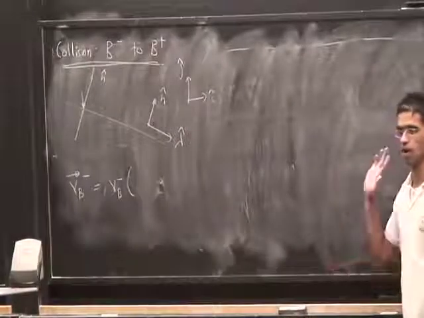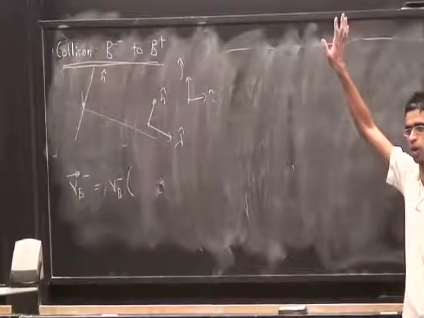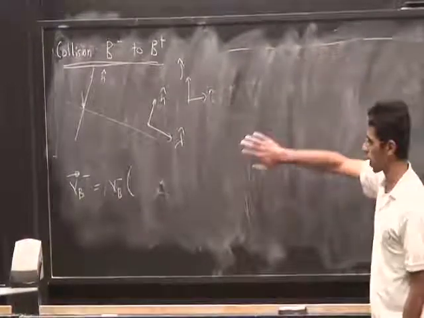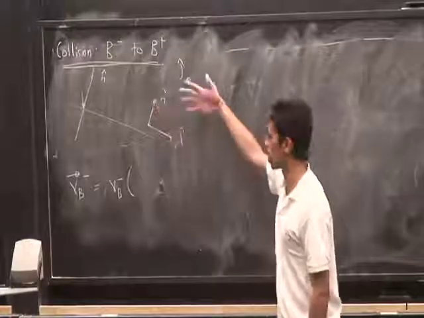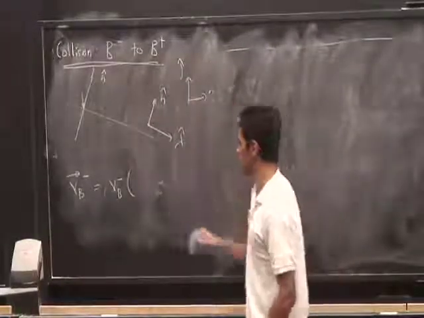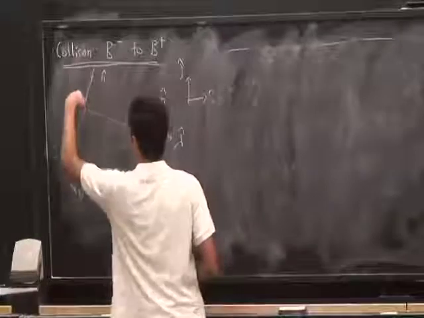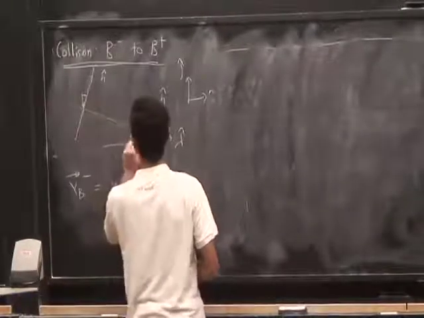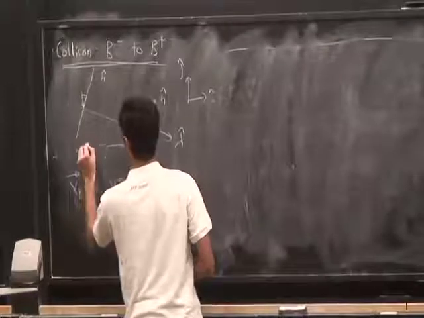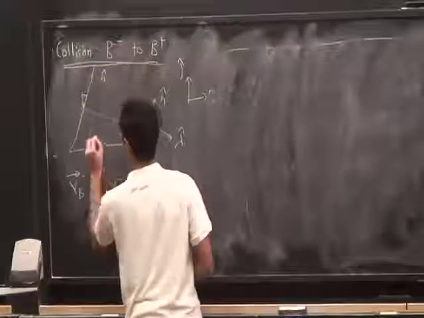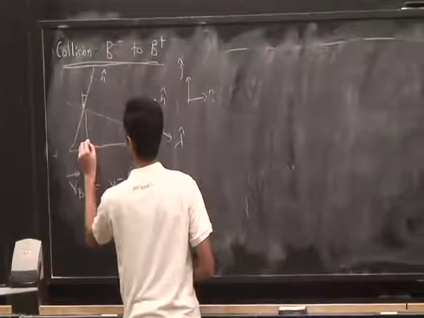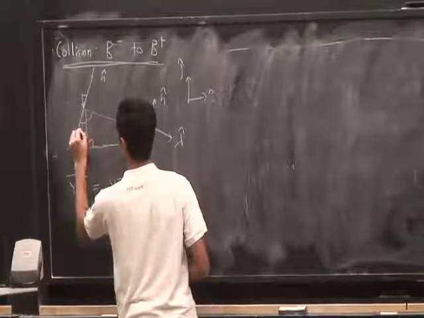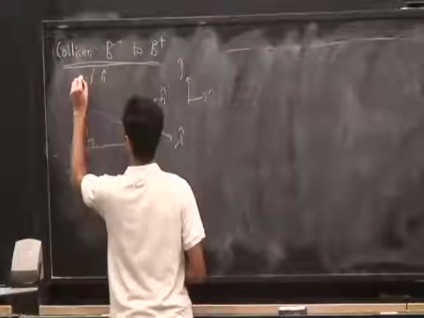But since I have all the equations which I had written on the board earlier in terms of n's and lambdas, let me just try to write the velocity in this coordinate frame and not in the ij frame. In order to do that, I need to find what this angle is. If you use geometry, you see that this is 90 minus theta, which means that this should be theta, and this should also be theta.